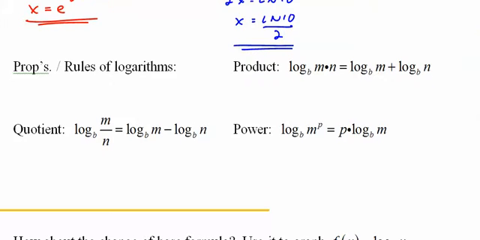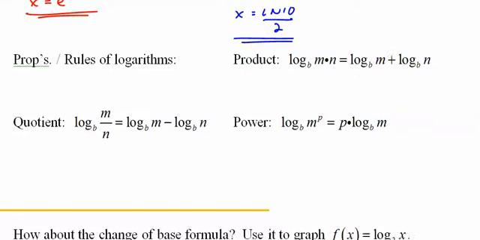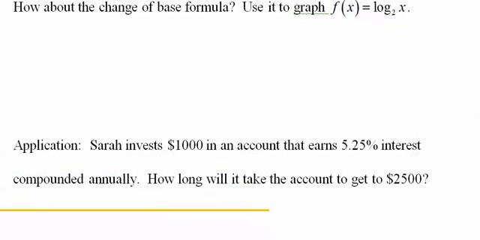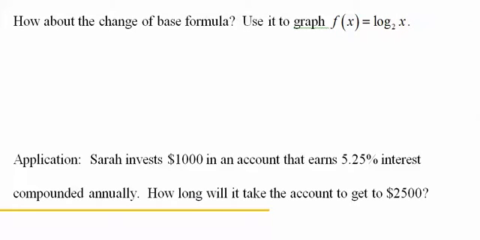And some log properties are similar to exponent properties. If we're multiplying, we can break it apart and add. If we're dividing, break it apart and subtract. If we're taking to a power, we can throw it out front and multiply, and so on. A lot of people say, how am I going to handle a log base 2?